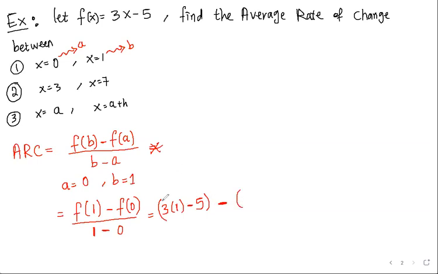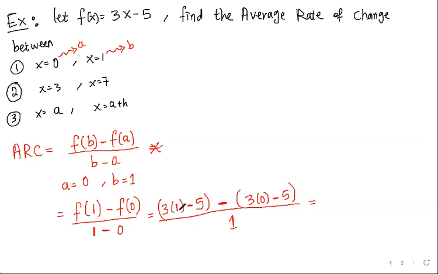minus, you plug the 0 inside the function, sorry. I get 3 times 0 minus 5 over 1 minus 0 is 1. And anything over 1 can cancel, you can remove it. It will be like only the numerator.